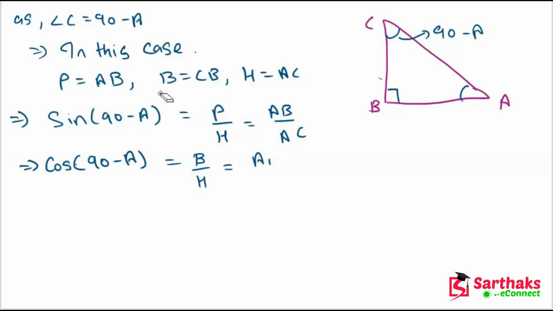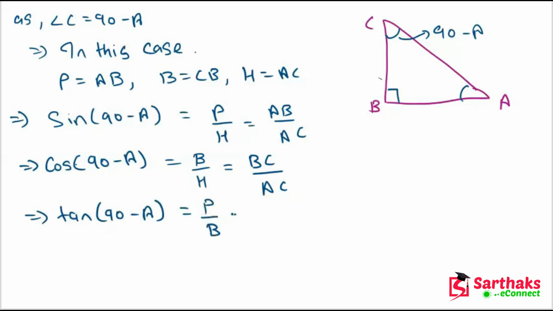Sorry, this is not AB, this is BC upon AC. Understand? And tan 90 minus A is equal to perpendicular upon base, which is AB upon BC.